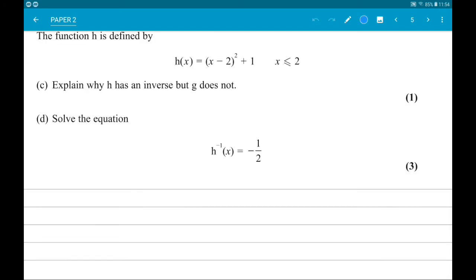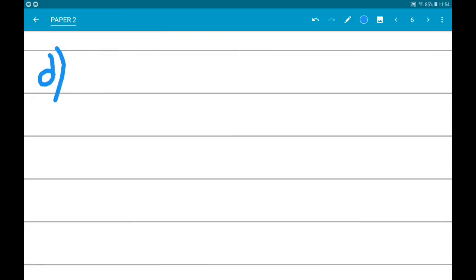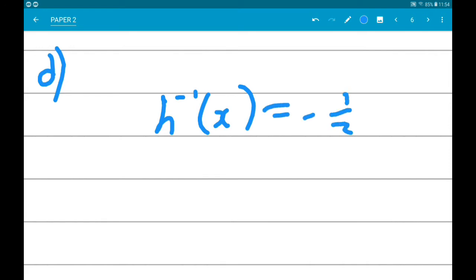And then the final bit, solve h inverse of x is equal to minus 1/2. So, there's a few ways that we can do this. The way that I'm going to do it is by undoing the inverse.